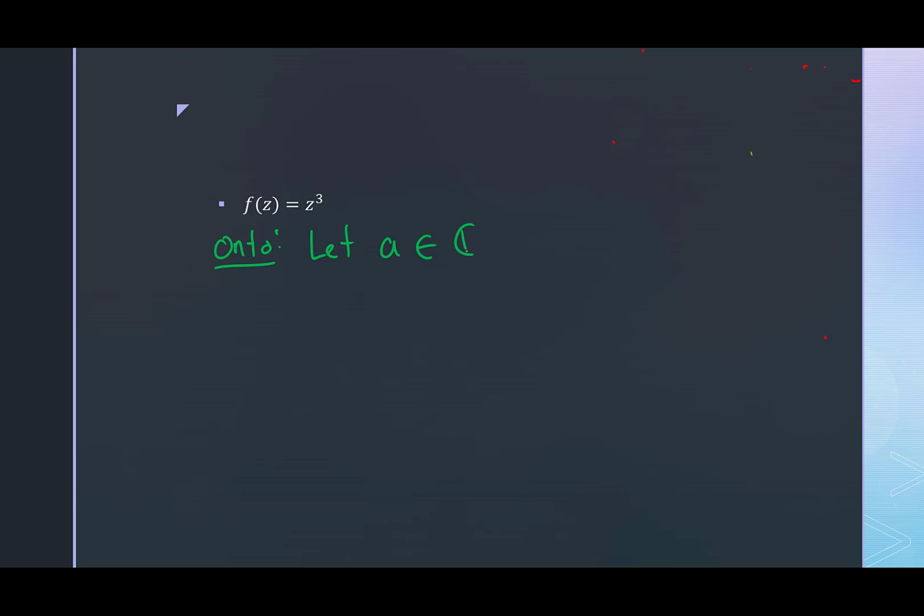Now to show f is onto, we need to find a b in C such that f of b is equal to a.